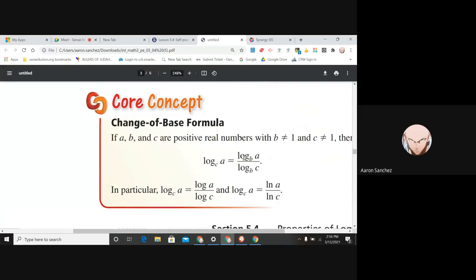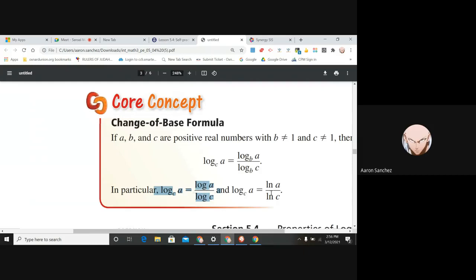This is the change of base. Log base C of A equals log base B of A divided by log base B of C. Now, here's the one I want you to write down, because this is more pertaining to you. Log base C of A equals log base 10 of A divided by log base 10 of C. Write that down.